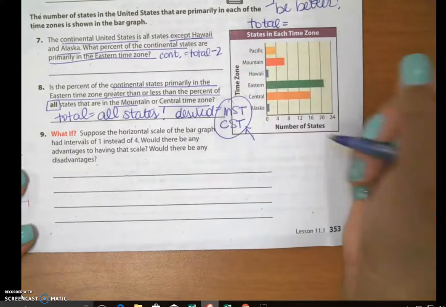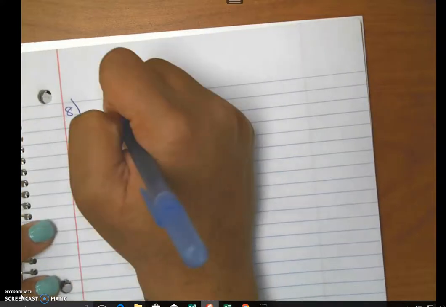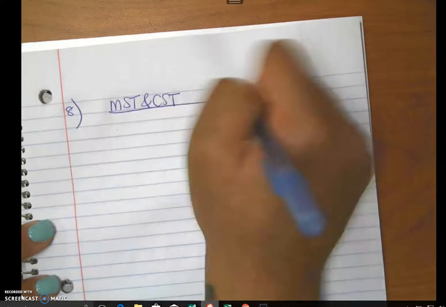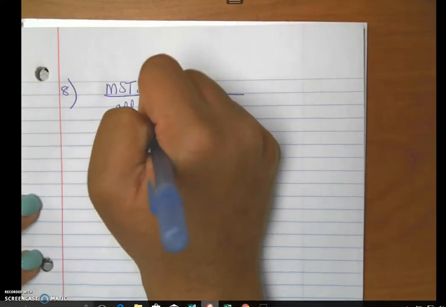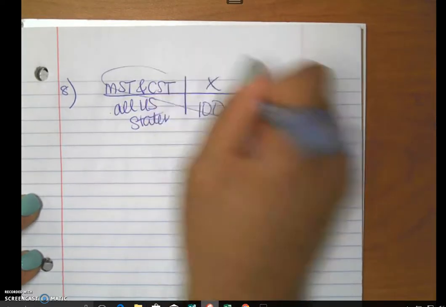Central is the standard time zone that we are in. So for number 8, let's turn on my page. Mountain Standard Time Zone and Central Standard Time Zone is your desired over all U.S. states and 100 and X. Cross multiply, then divide.